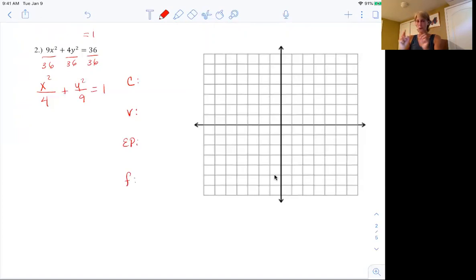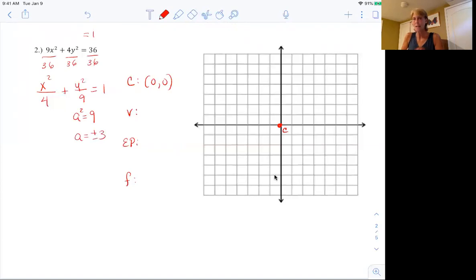Center, go to see what's connected to your x and your y squared. There's nothing there, so my center is 0, 0. My vertices, oh, you can plot it while you're there. My vertices now, remember, you have to go with the a squared. So I start by looking, the a squared, the larger term this time is under my y value.